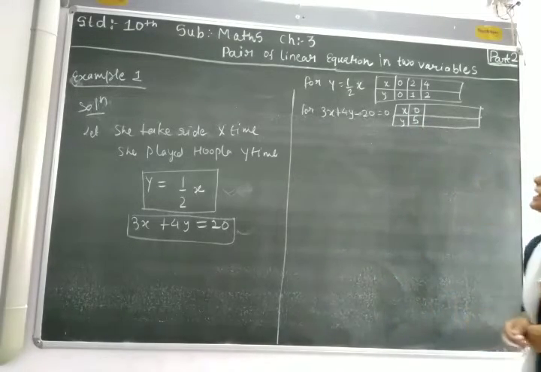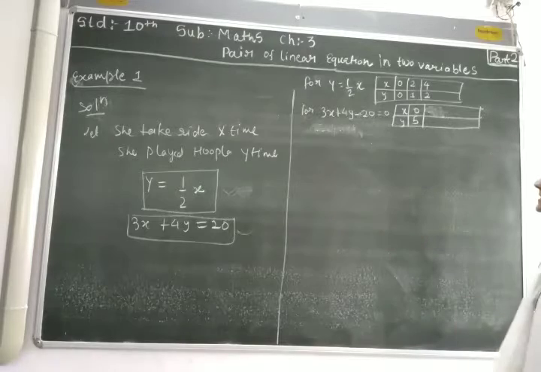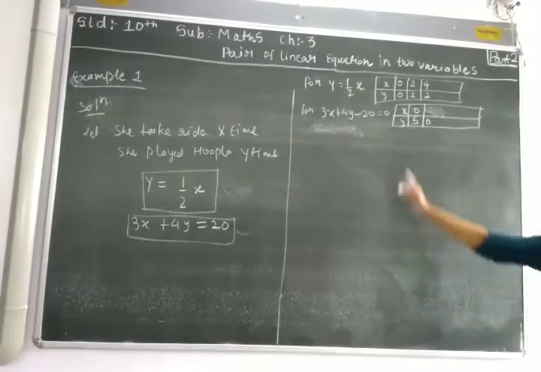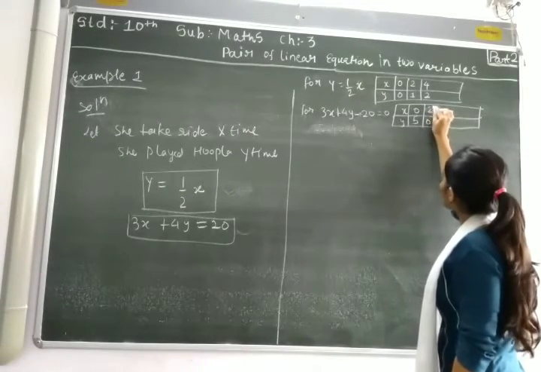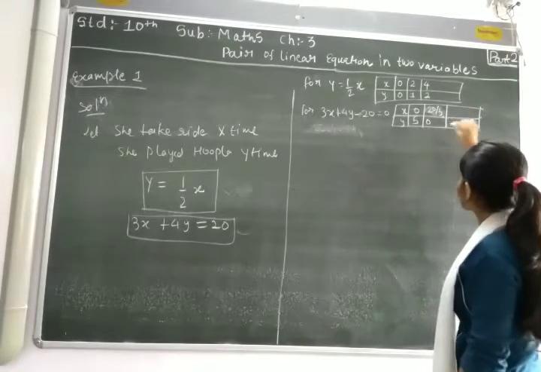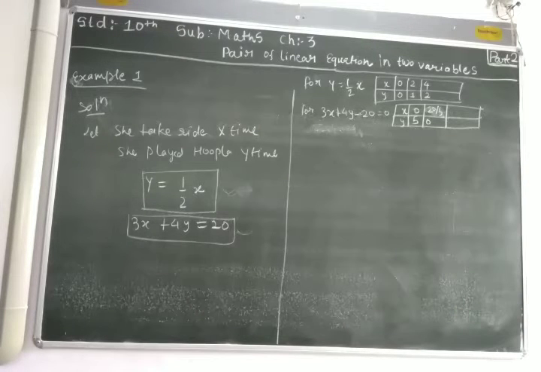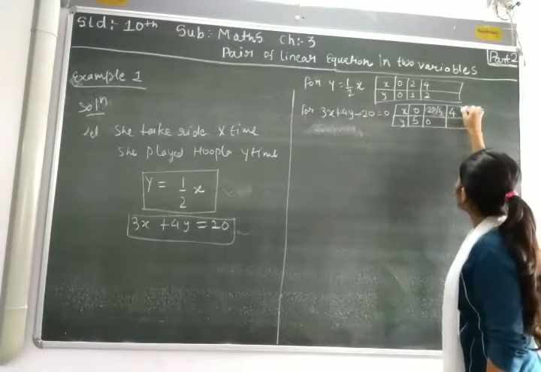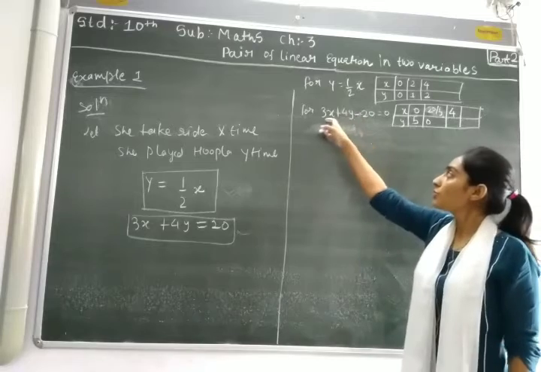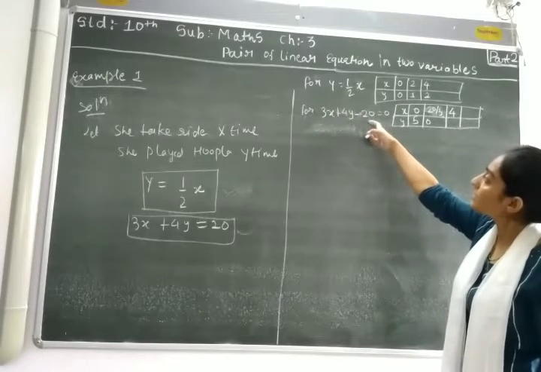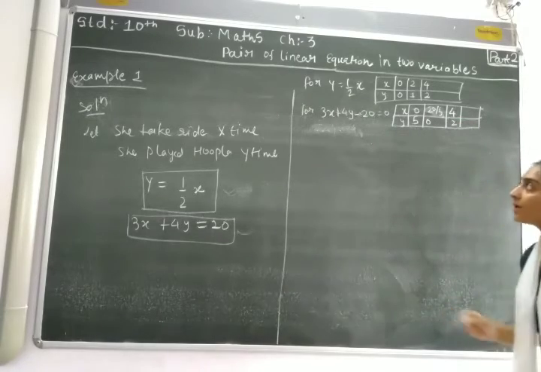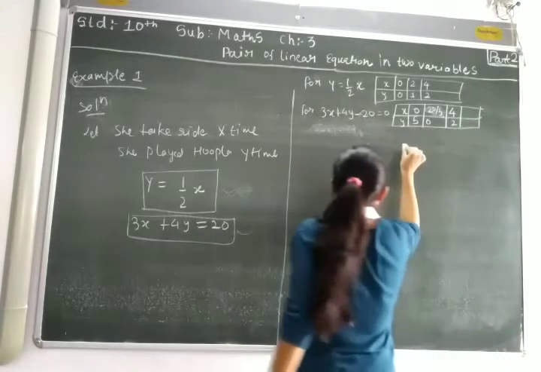If I take x equals 4, then 12 plus 4y minus 20, so I am left with y equals 2. Now we have to draw a graph.